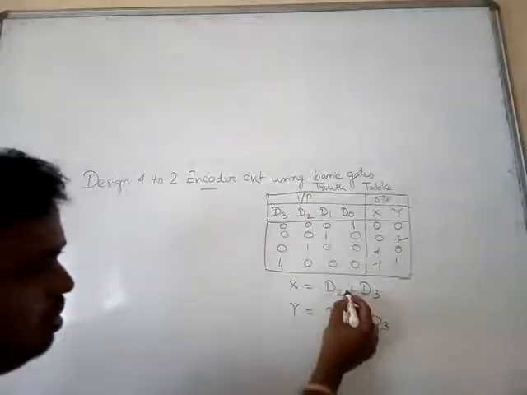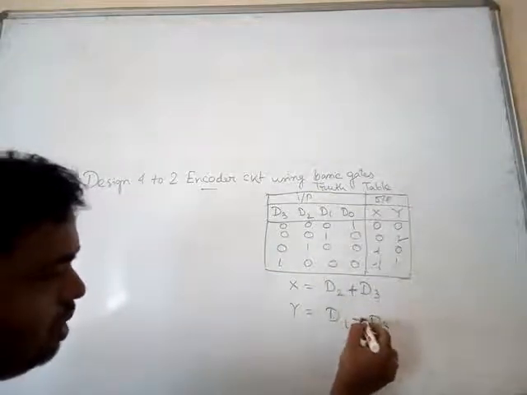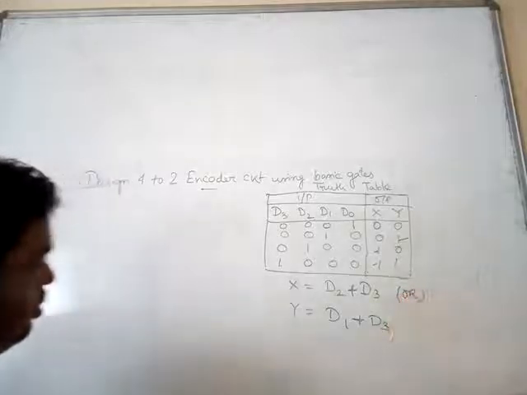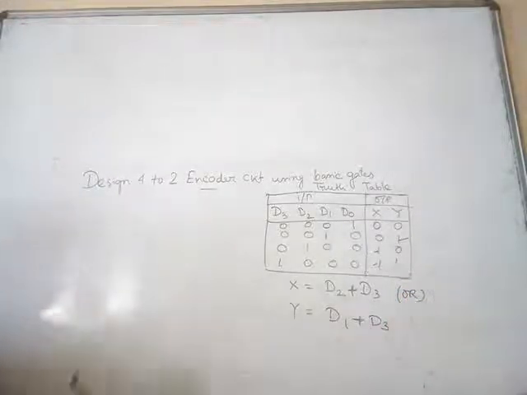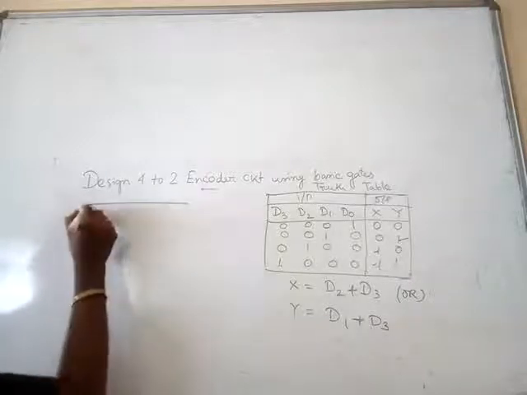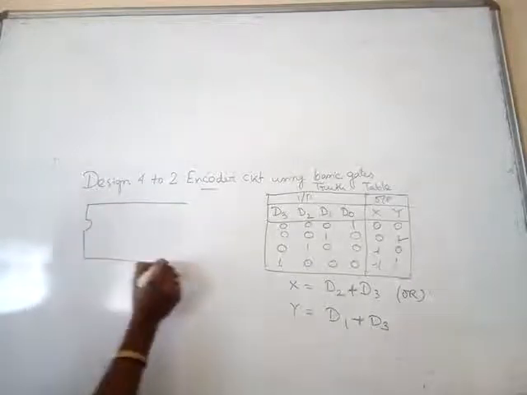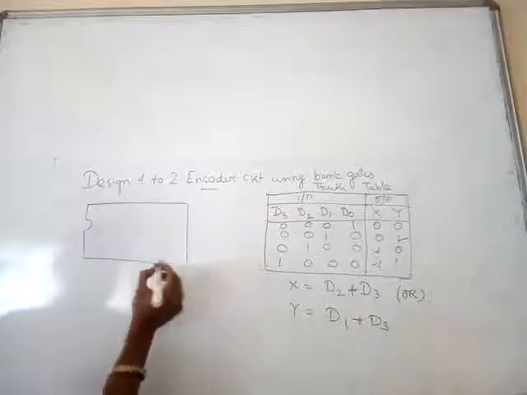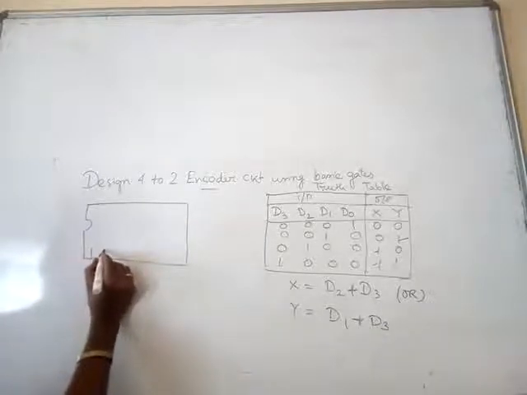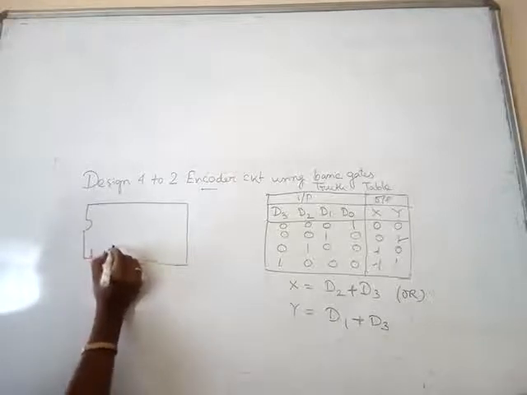As we see this is plus, so the gate will be OR gate. Now we design the pin diagram of OR gate. This is called notch. 1, 2, suppose this is OR gate.